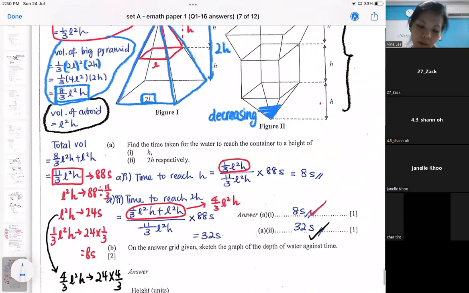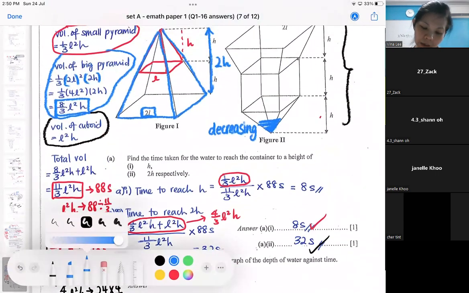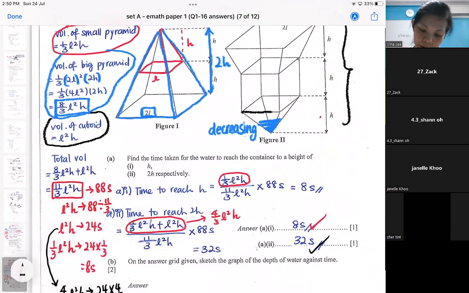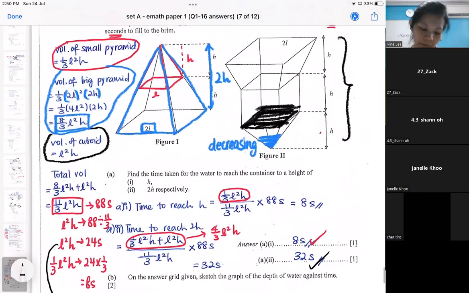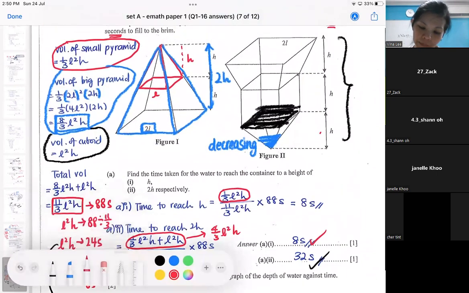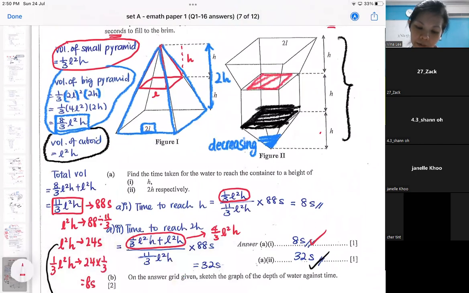And then subsequently, the cuboid is a layer. Each layer is consistent, so every layer is the same amount. So for a cuboid, it's a constant rate. So it should be a straight line. Then subsequently, the last part starts quite small and eventually it gets bigger.